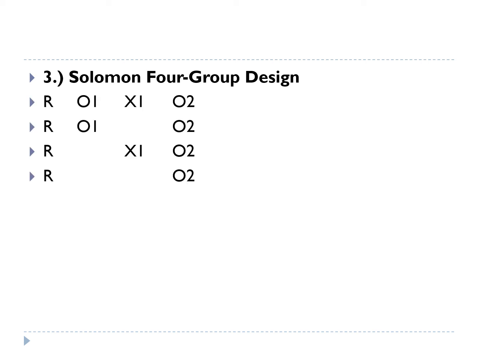A Solomon 4 contains 4 conditions. In half of the conditions, you have a pre-test post-test design, and in the other half, you just have a post-test design. So this allows you to compare the top 2 groups with the bottom 2 groups to see if they are fundamentally different from one another. And if they are, it's because of the pretest. Hopefully that makes sense.